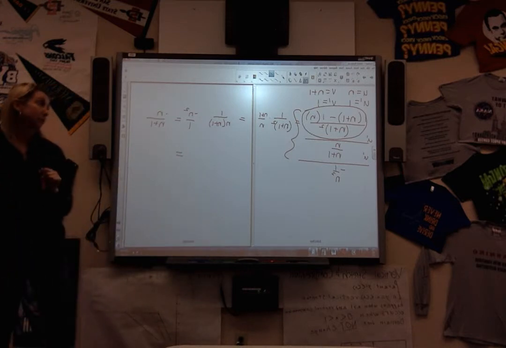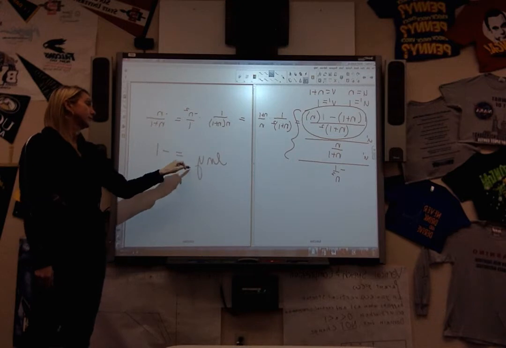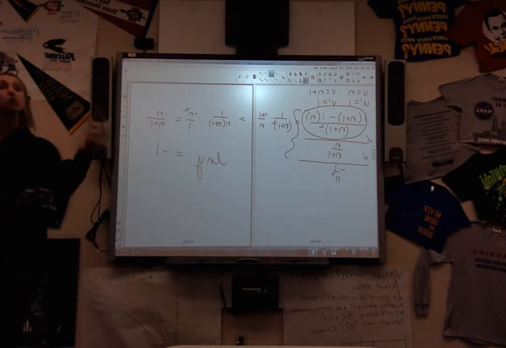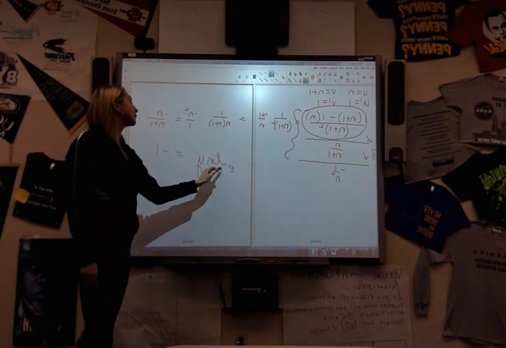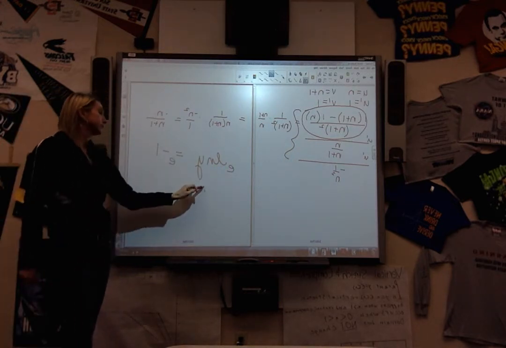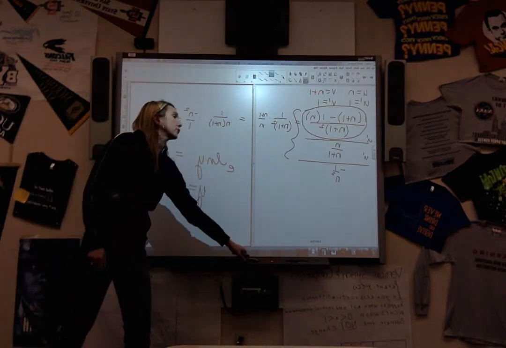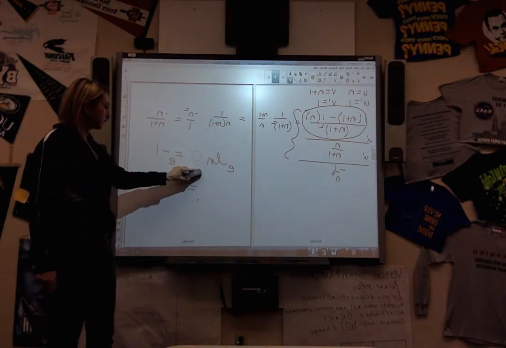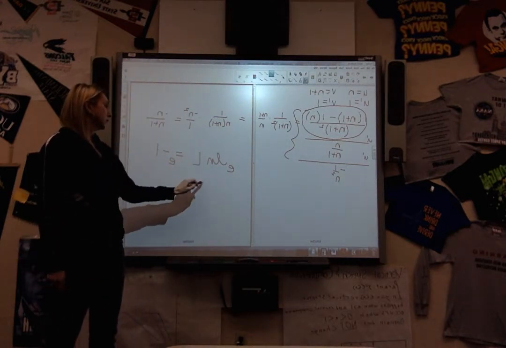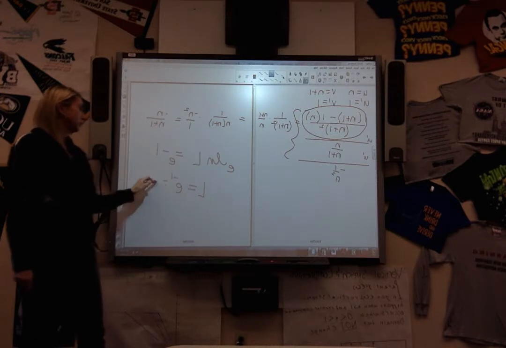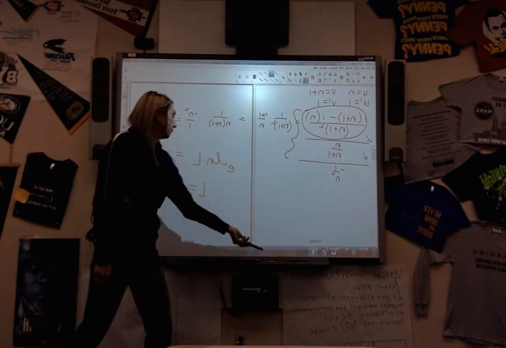What is your final answer? Negative 1, and then you have to finish it out with ln. From here, the reason why that negative is super important for convergence: it is negative 1.